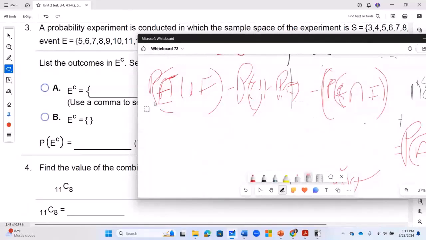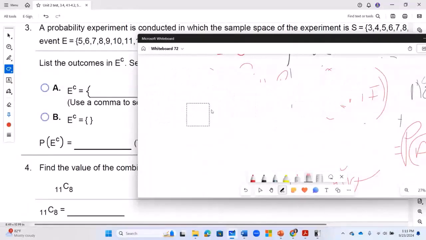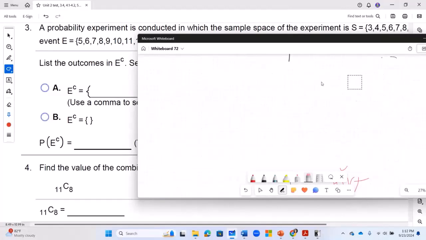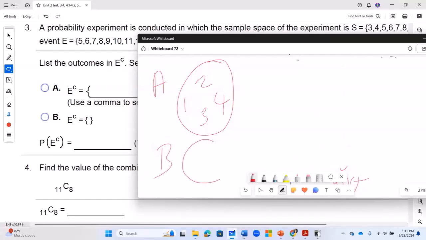So suppose I have an oval that represents A. This oval, A, contains numbers 1, 2, 3, 4, and there's another oval, B, that contains numbers 6, 7, 1, 5.